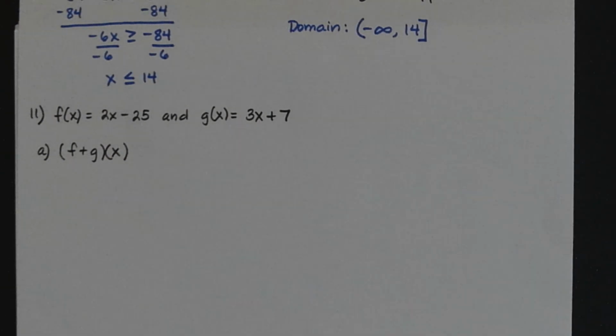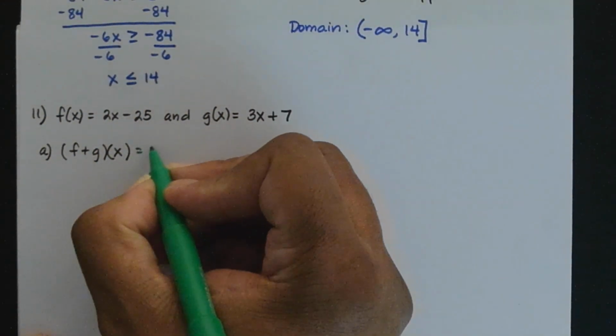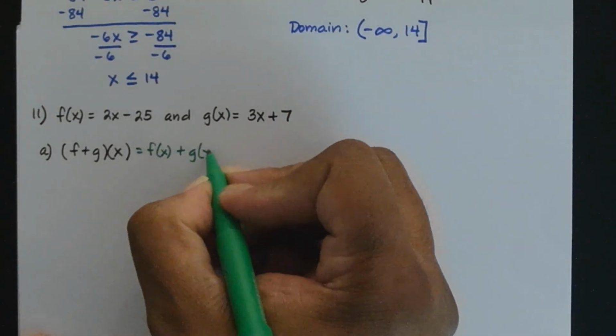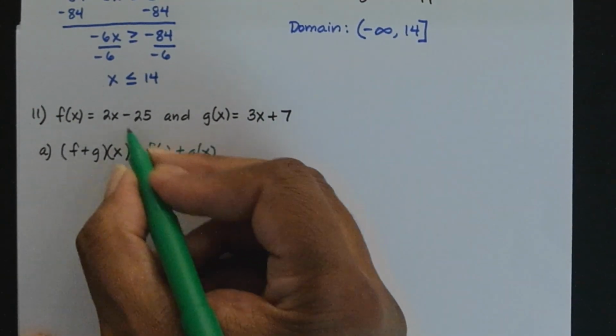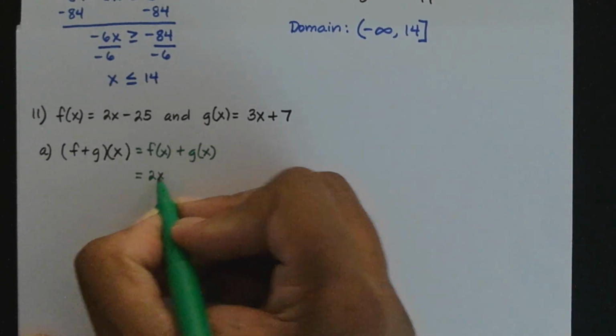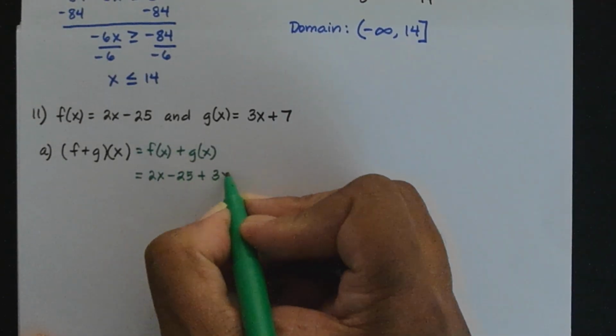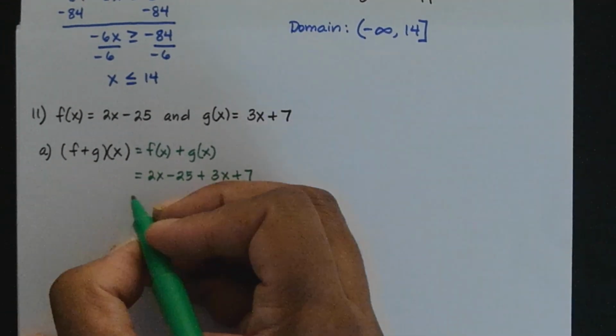f plus g of x. And in this case here, that's the sum of the two functions. So we're just adding f of x to g of x. And of course, f of x is 2x minus 25, and g of x is 3x plus 7.